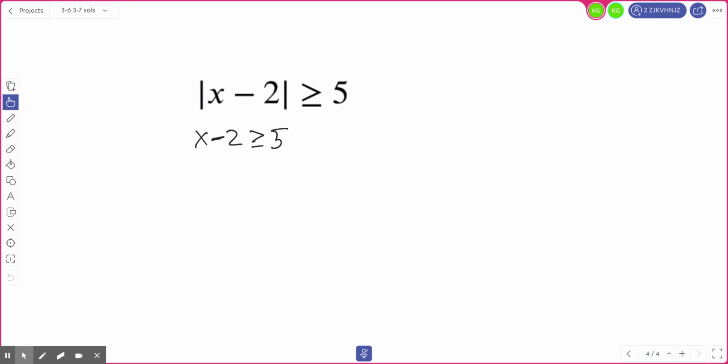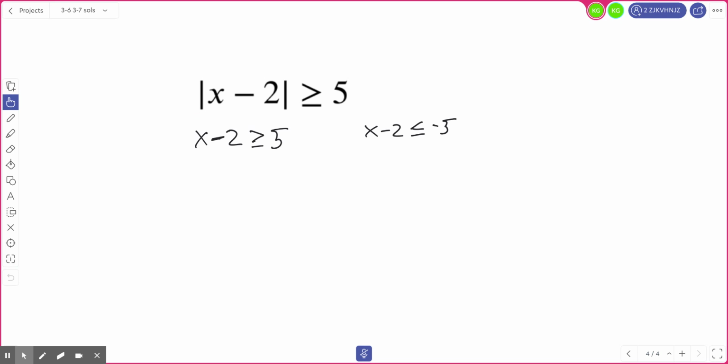So x minus 2 here, for example, if this was negative 6, well, the absolute value of negative 6 is greater than 5. So when we're looking at the negative numbers, we're actually going to do if x minus 2 is less than or equal to negative 5. Because that would include values like negative 7, negative 8, and negative 9, which would all make this true. So you'll notice the inequality sign got flipped there.